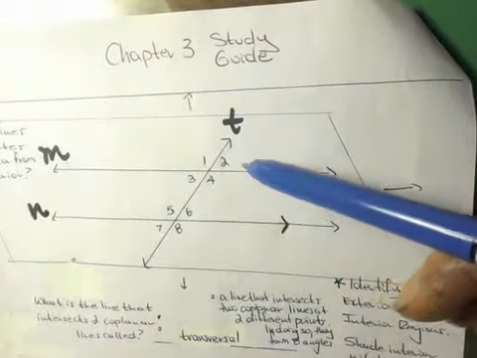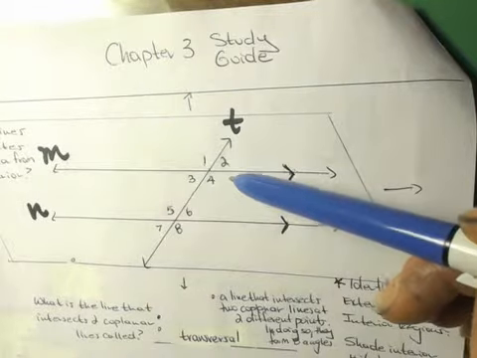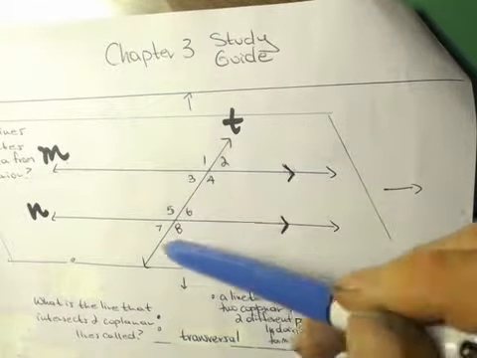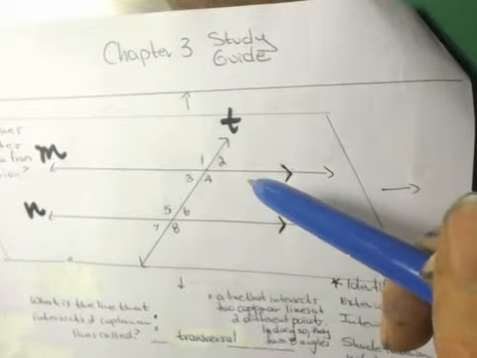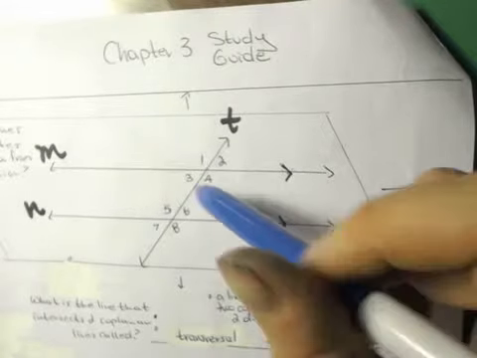In the context of two parallel coplanar lines, it's easy to identify the transversal because it is the only line that will intersect the other lines twice. So we know that T is a transversal here.